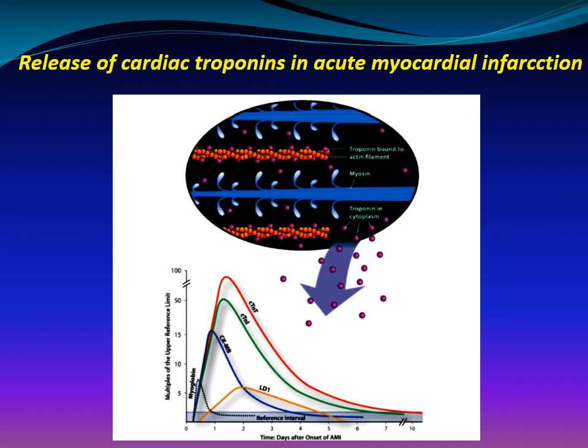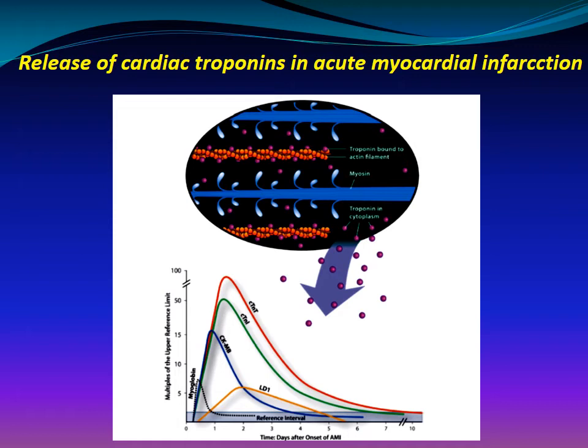Serum levels can remain elevated for up to 4 to 7 days for troponin I and 10 to 14 days for troponin T. Although the exact mechanism of troponin elimination is unknown, given its relatively large molecular size, troponin is believed to be cleared by the reticuloendothelial system.